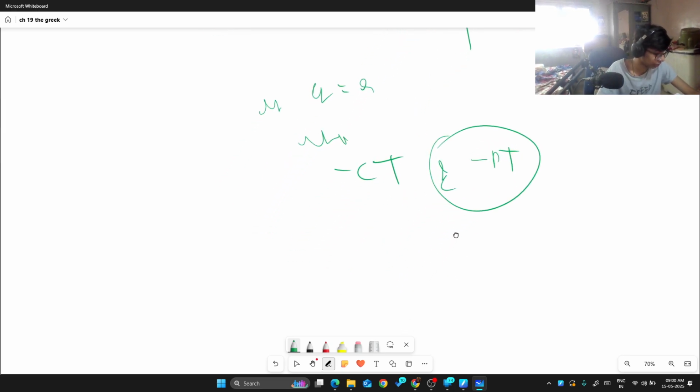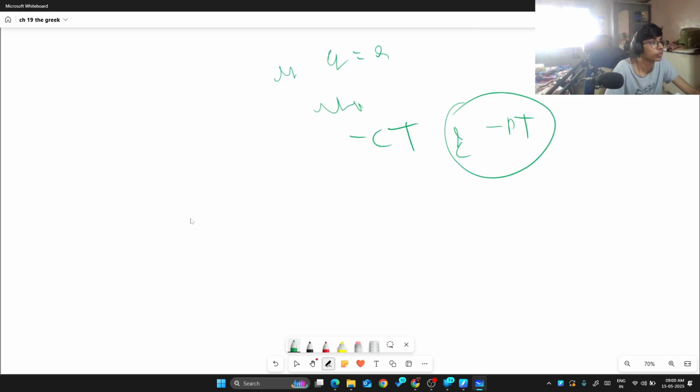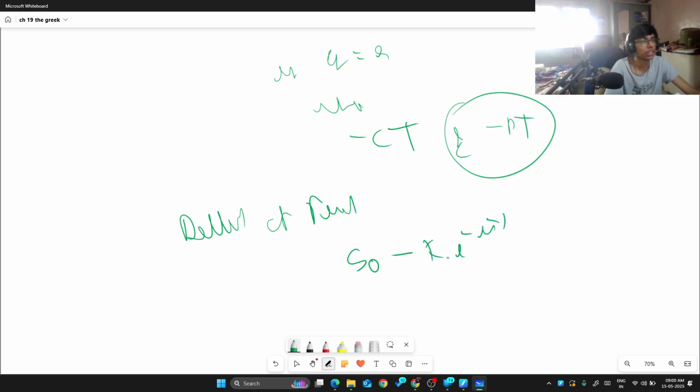And now let's see the delta of a forward contract. The forward contract value is given by this formula. So our delta is the discounting factor.